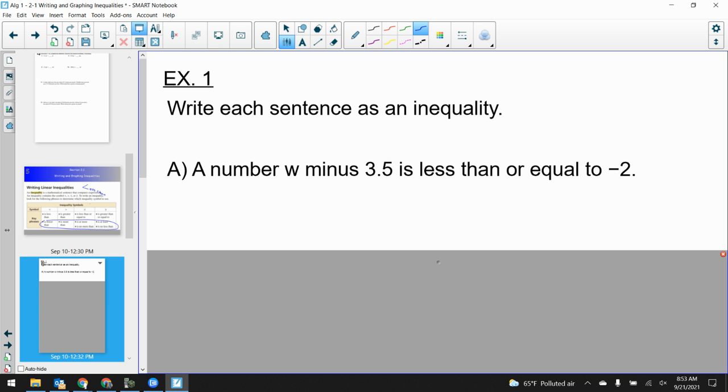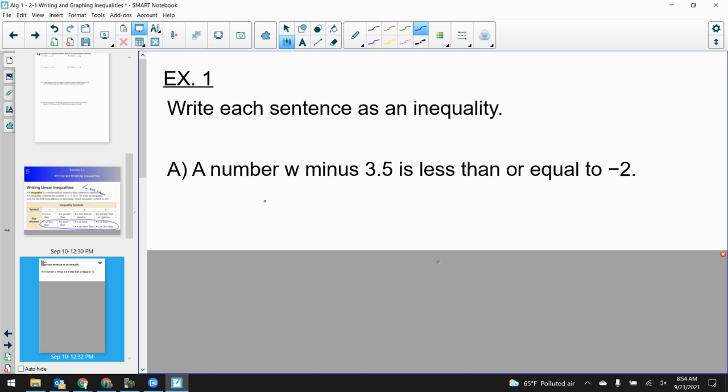Now, for these next three examples, I just want you to write the inequality. I don't want you to do any solving. We've got to crawl before we can walk. Let's take a minute and just write the inequality. A number w minus 3.5 is less than or equal to negative 2. Okay, let's just write it out.